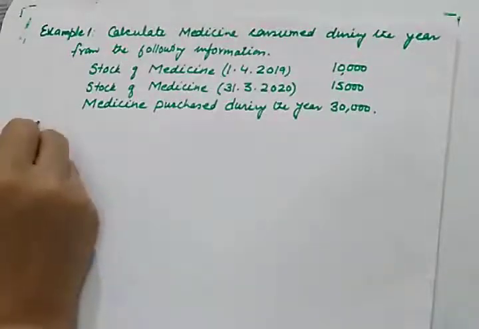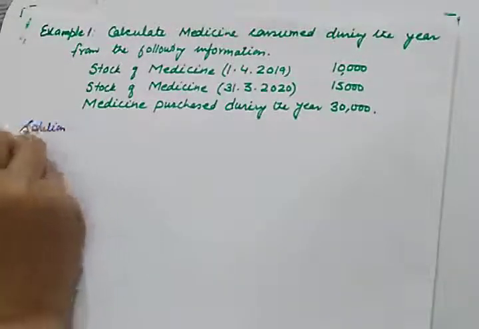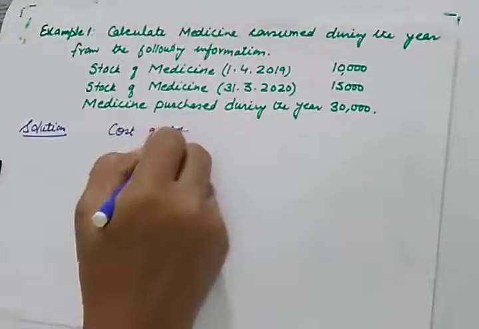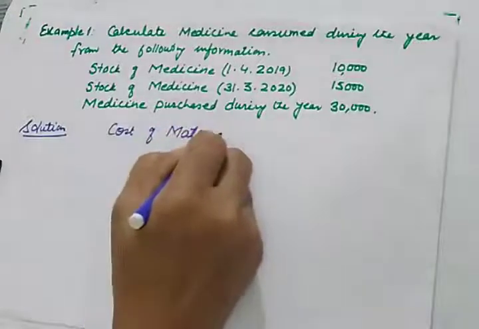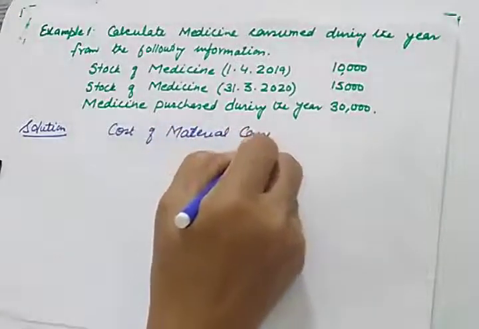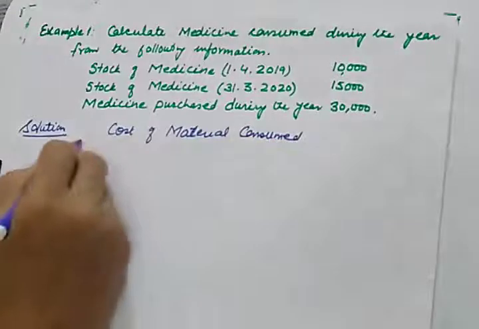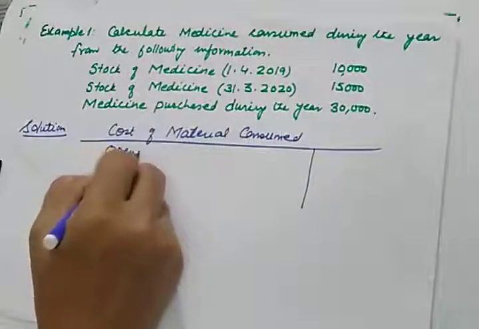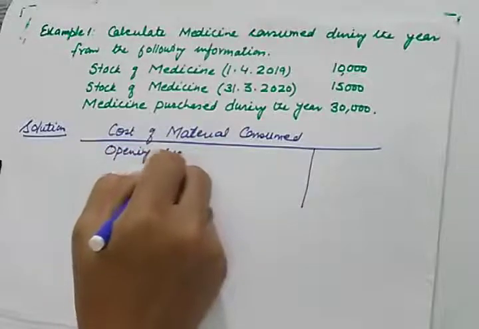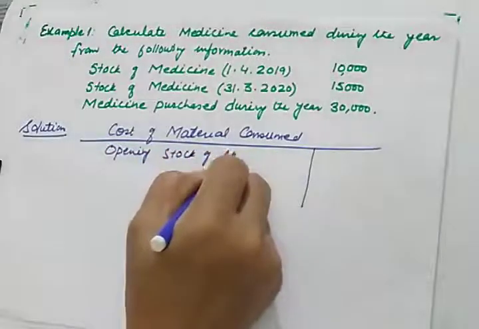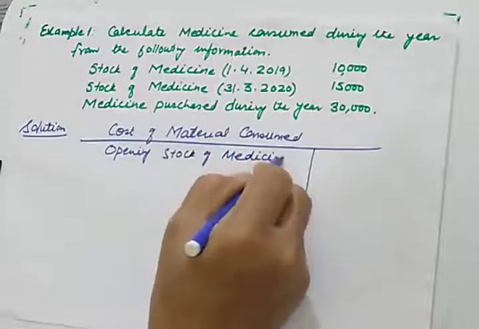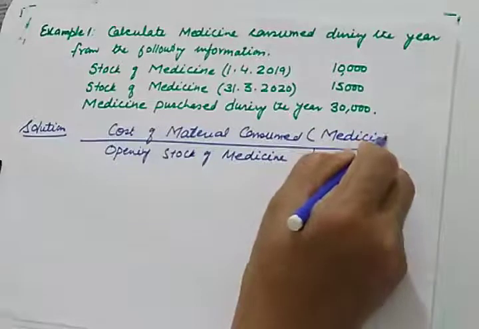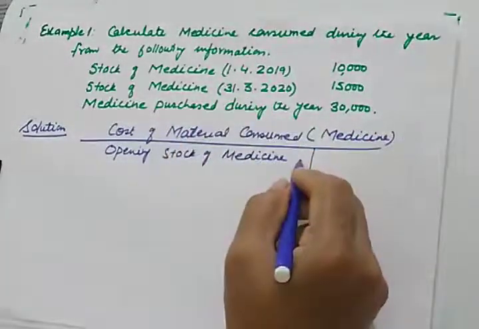So its solution will be: we are going to calculate cost of material consumed. Opening stock of medicines. Here you can mention cost of medicines consumed, because here you know the material.